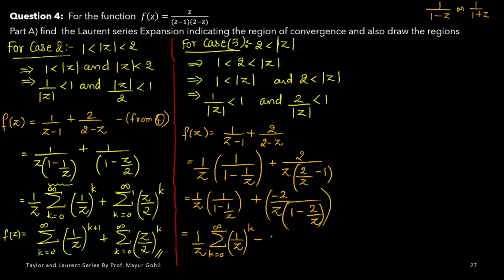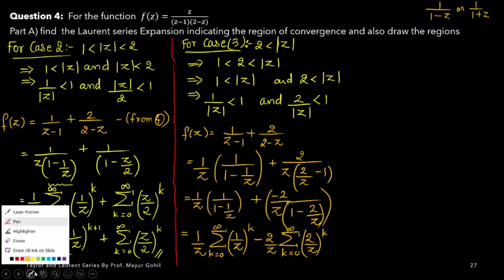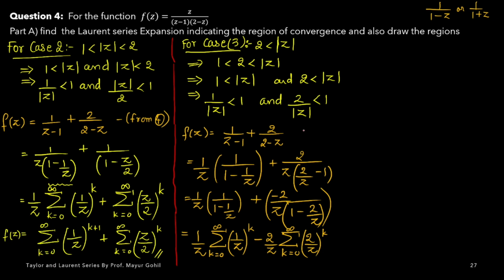Here it will be minus 2 upon z summation of (2 upon z) whole raised to k going from 0 to infinity. This is what we will get. Now let us simplify this further, because it is possible to take terms common.